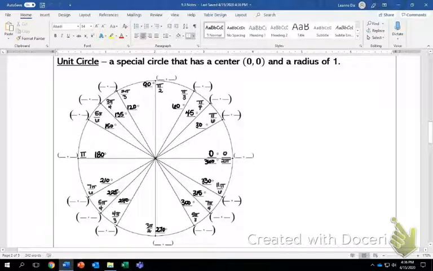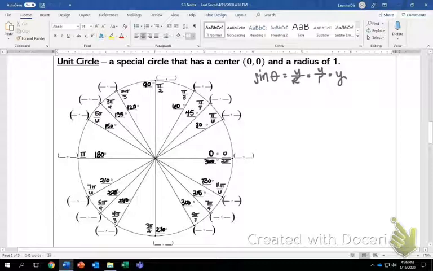So the first thing I need to tell you about the unit circle is that it can actually replace our ordered pairs. If we take sine of theta and say that it's equal to y over r, remember r is 1, so I put that over 1, and anything over 1 is just itself, which is y.